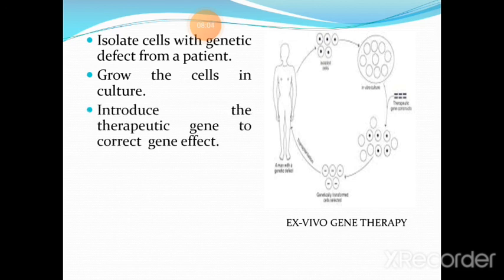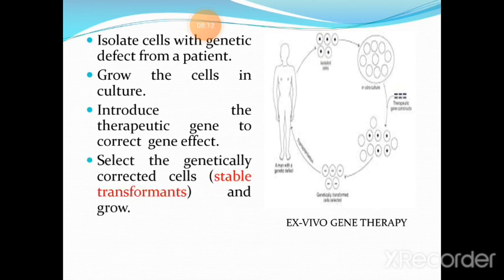Then you have to introduce the therapeutic gene into these cells to correct the gene defect. And you have to select the genetically corrected cells, which are called stable transformants, and grow them. This is what is done in ex vivo gene therapy.